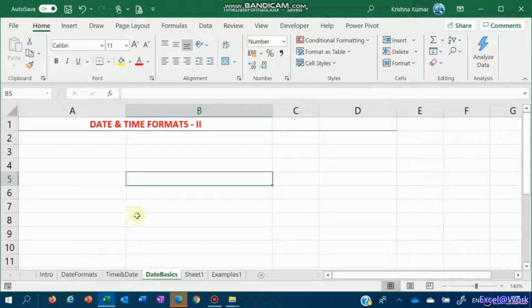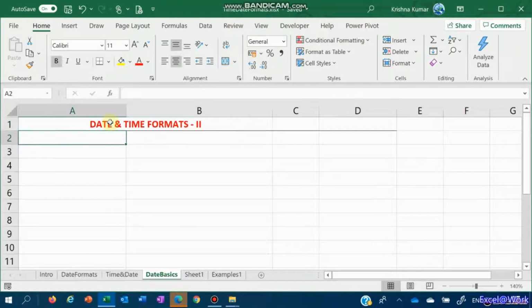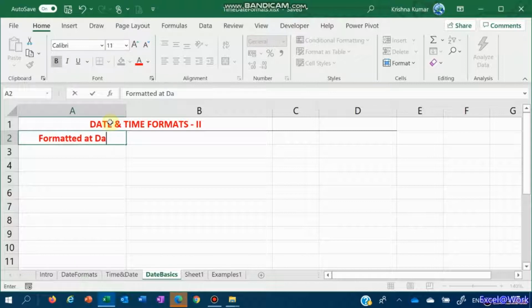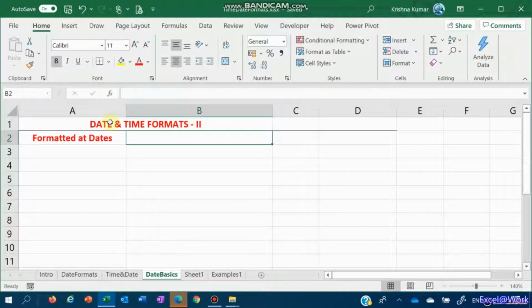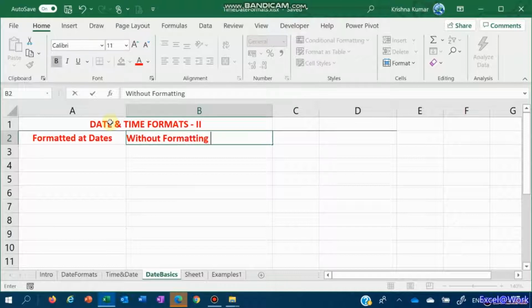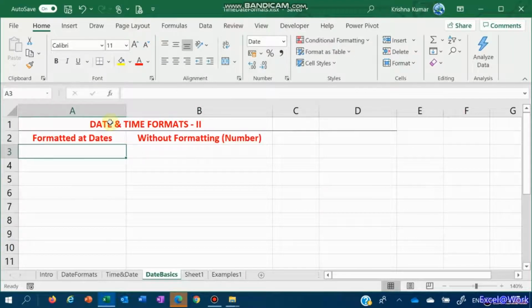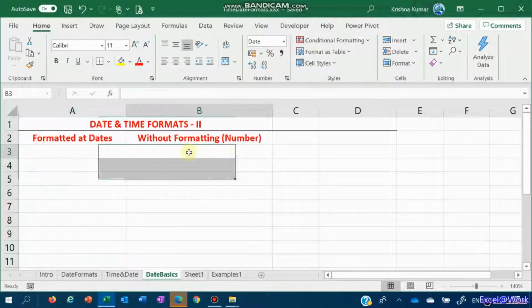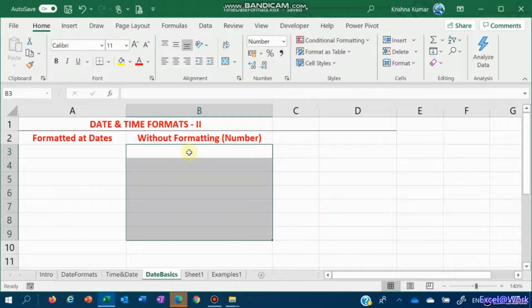So these are date and time formats, formatted as dates, and this is without formatting, that is just a number. So all these are formatted as dates and this is formatted as a number.